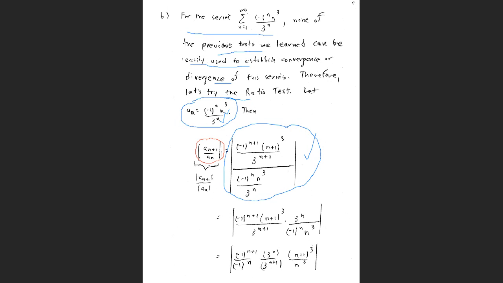If you take the nth term, like here on the bottom, the nth term is -1 to the nth times n cubed over 3 to the nth power. If you replace all the n's here with n plus 1, then that's going to get you what you have in the numerator. That's your n plus first term.